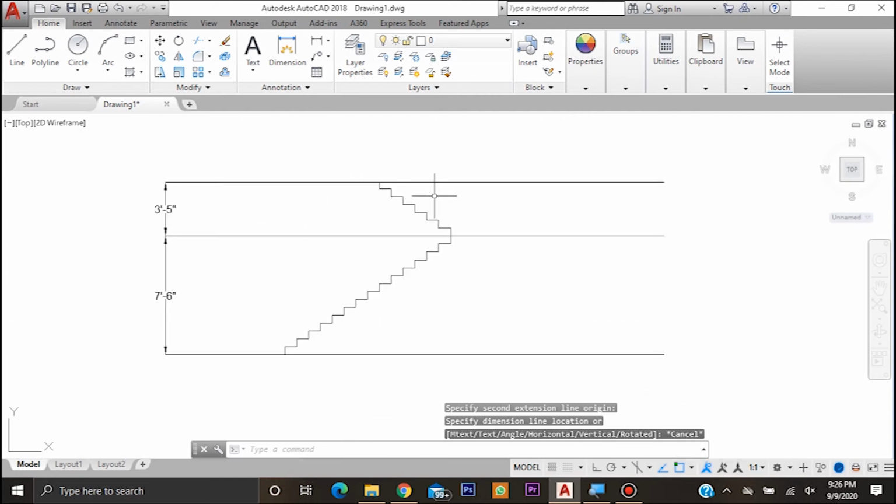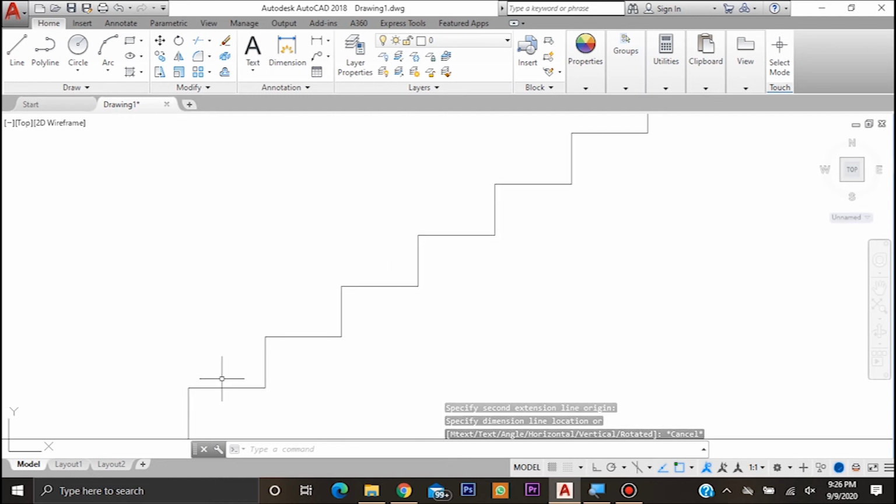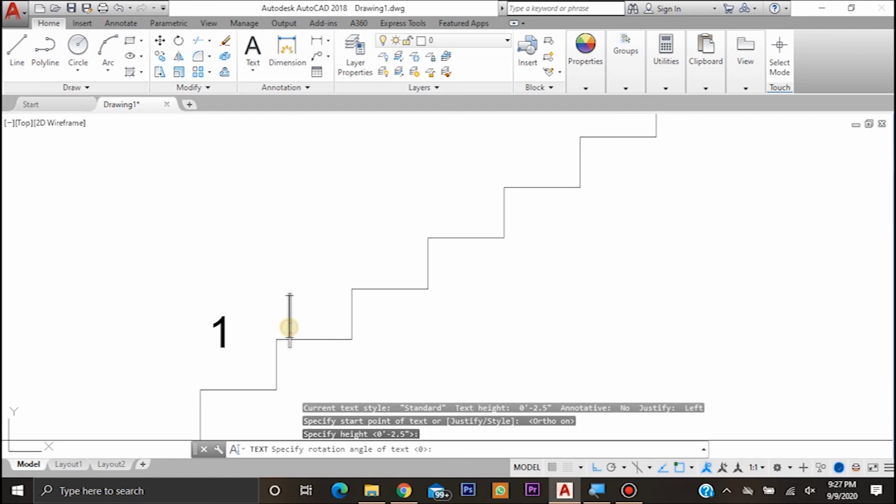Then let's count the number of steps required for this building. 1, 2, 3 and so on.